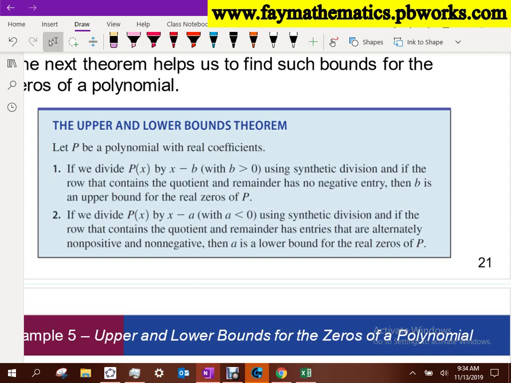Basically what this is saying is if your quotient row alternates positive and negative, you are going to have a lower bound. But sometimes there might be a 0 in that quotient row. Well, what do I treat 0 as? Do I treat it as a positive number, or do I treat it as a negative number? That's why they use the non-positive, non-negative phrasing.